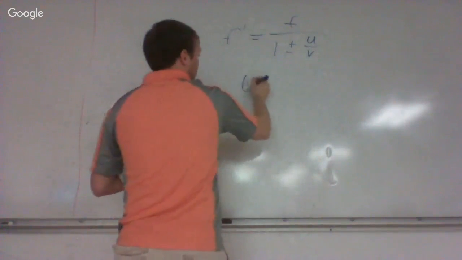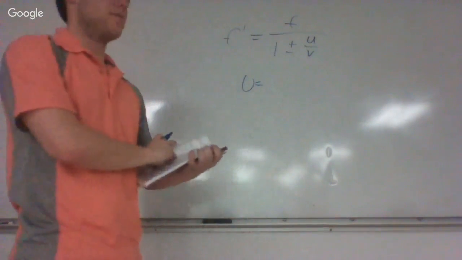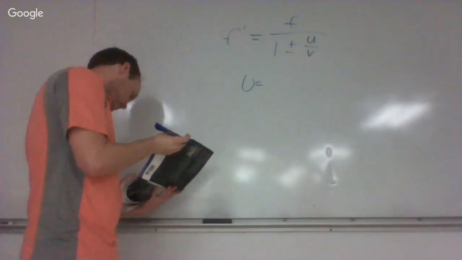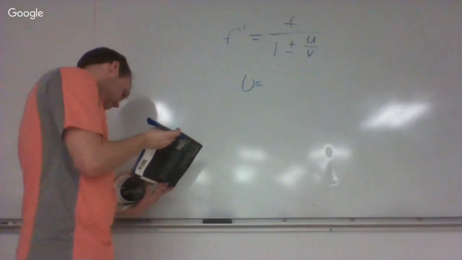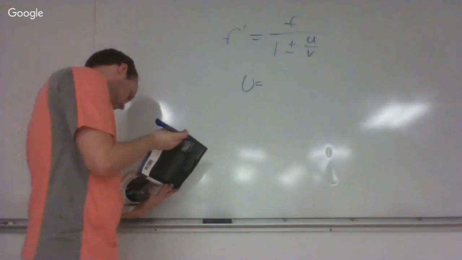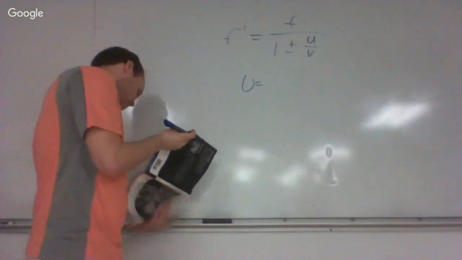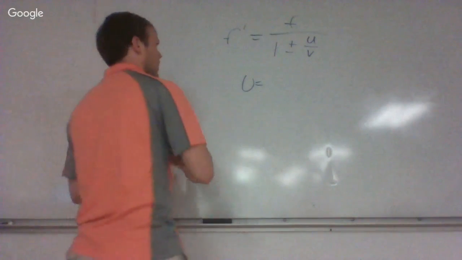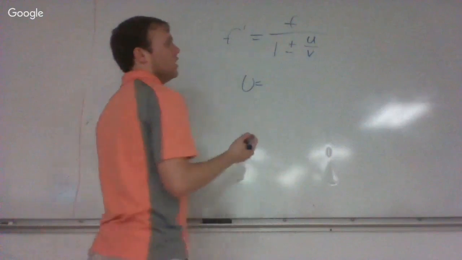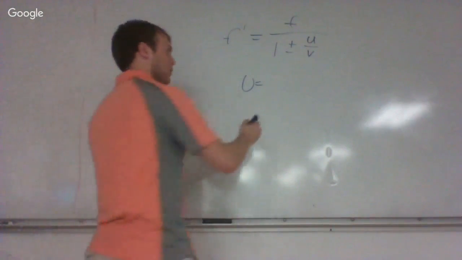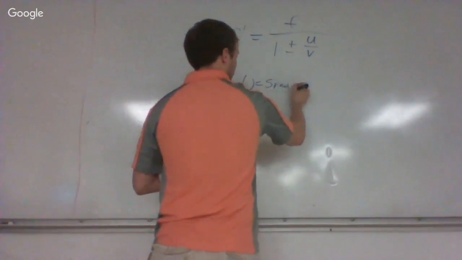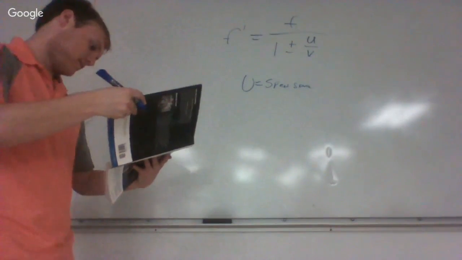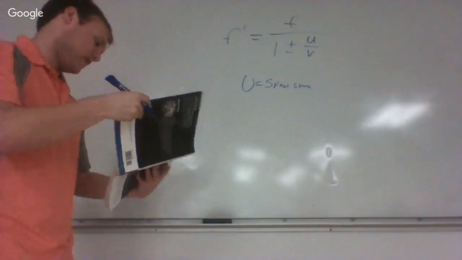Now, u is, I think, the velocity of the source. It's saying the source is moving at a speed u through the medium. And then v is the wave speed.